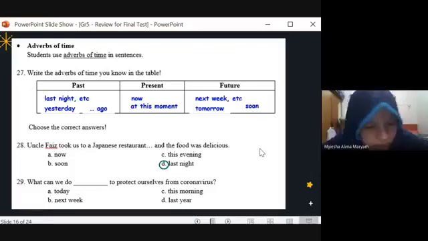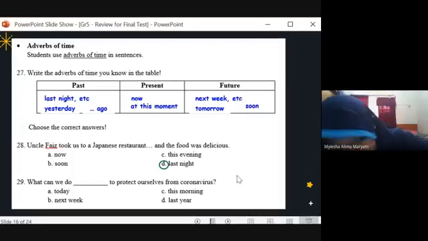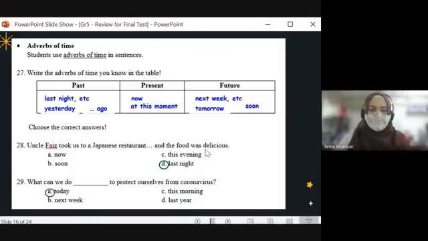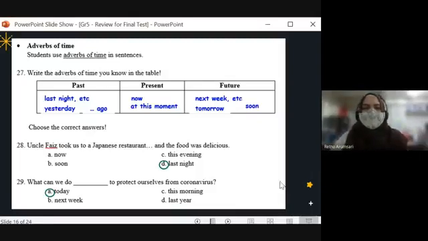Now, Maisha. What can we do today to protect ourselves from coronavirus? Yes, we're talking about the present, right? We're talking about what can we do today, the present. Okay, not in the future, not in the past. All right, good. Thank you, Maisha. Can I go on to the next slide?